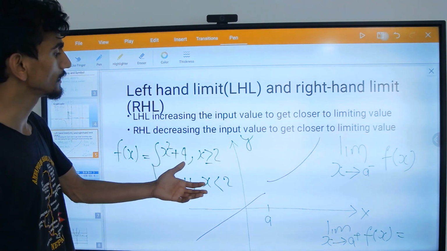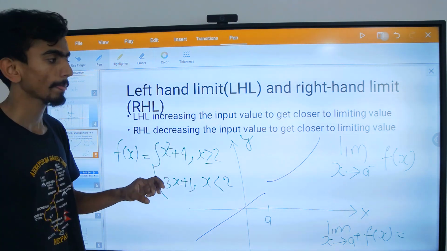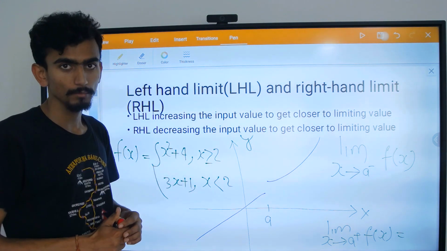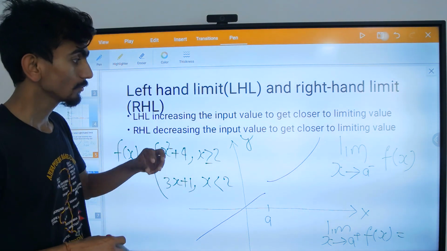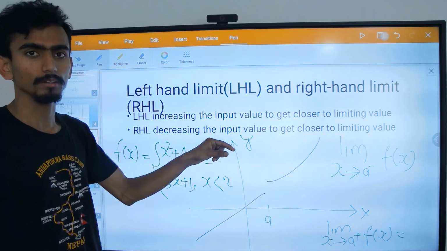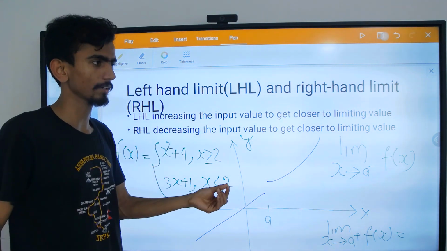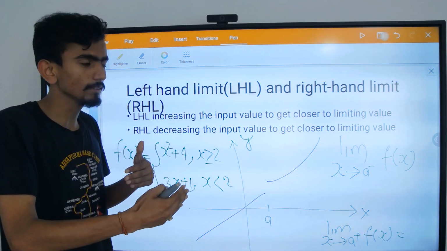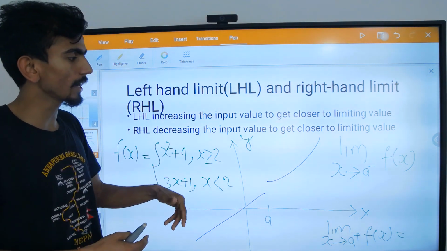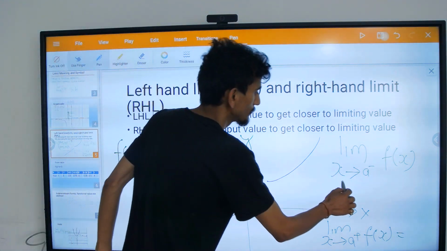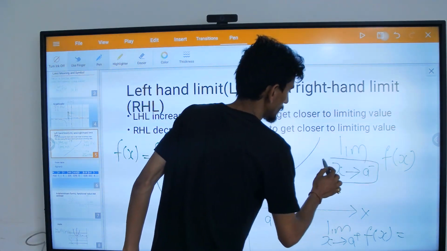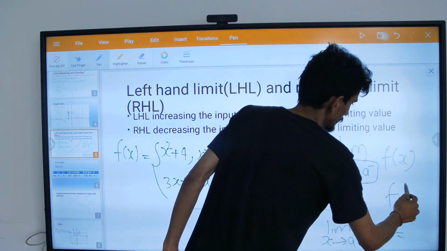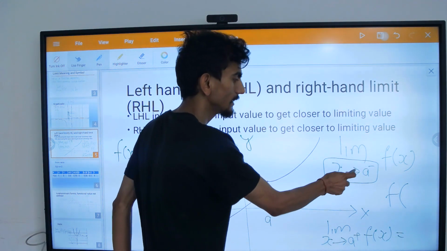But what does it mean? Previously we said in limit the input should approach a certain number. But when we are getting close to a certain number, either we are a little less than that number or we are a little more than that number. So a minus means a little less than a.